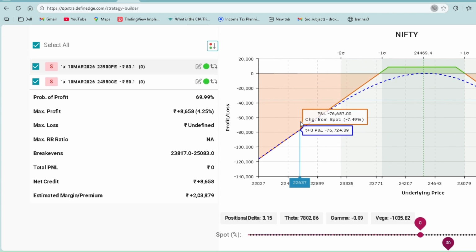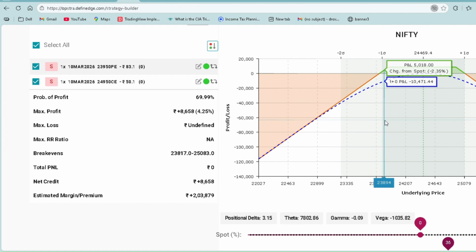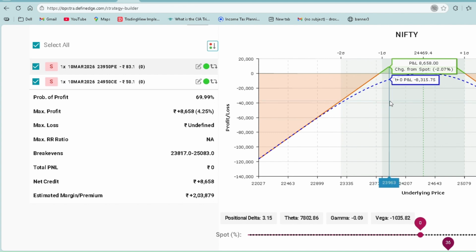But professional traders usually manage risks carefully. If the market moves towards the lower leg, professional traders exit or sometimes make adjustments. Likewise, on the upper side too, if the market moves towards the upper leg, they exit or make adjustments.